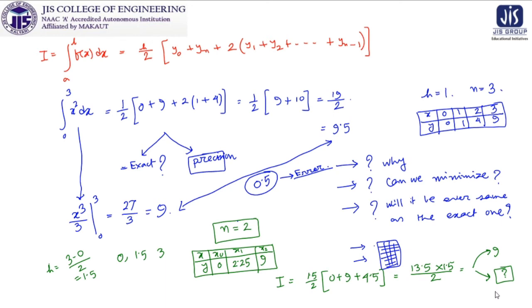Yes, it is going to be closer to 9 than the previous problem, because when we are increasing the number of subintervals, we are decreasing the error. So this will obviously give you a better result if you take n equal to 3 than n equal to 2.